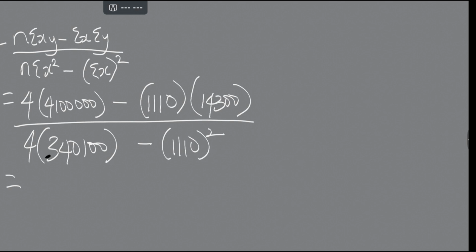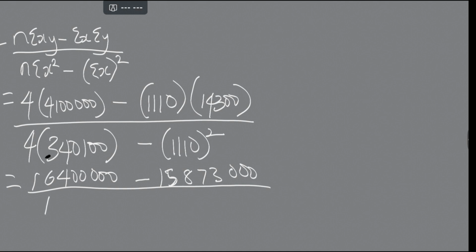For the first one, we have 16,400,000, right? Minus 15,873,000, divided by 1,360,400 minus 1,232,100, right? So we've multiplied it.